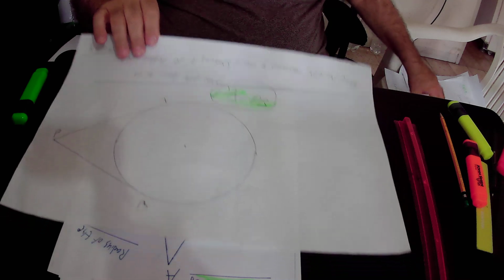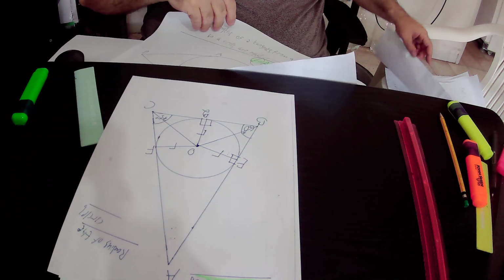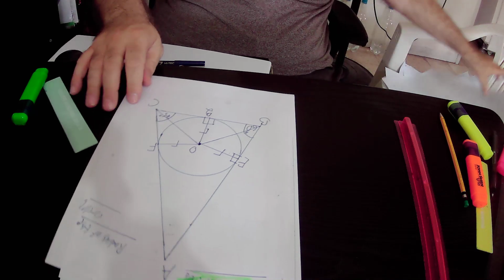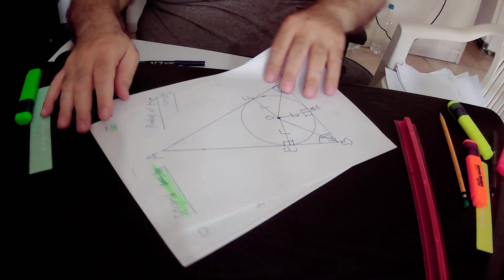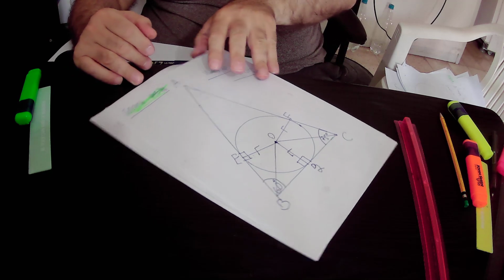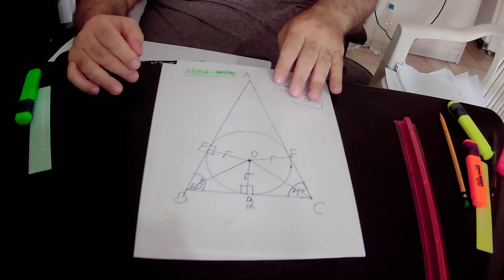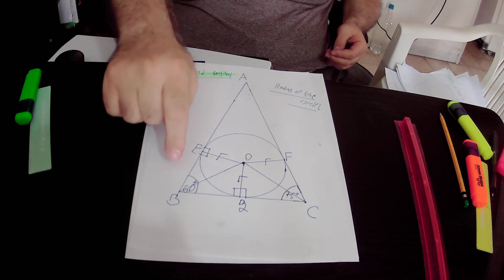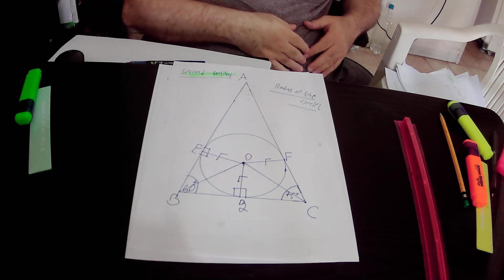We can implement rule number 2 in our drawing, because in our drawing we have the common external point, point B. From the common external point, point B, we have two tangents to this circle. We have tangent BE and tangent BD, and according to rule number 2, they must be equal to each other.